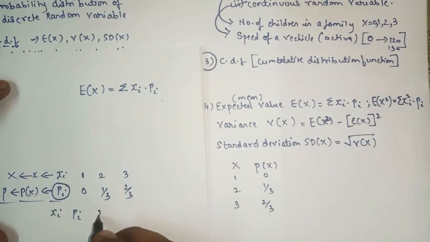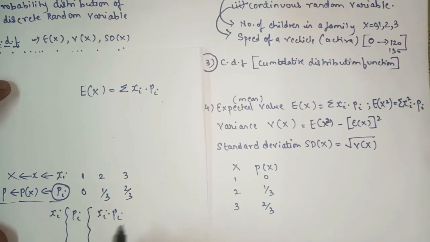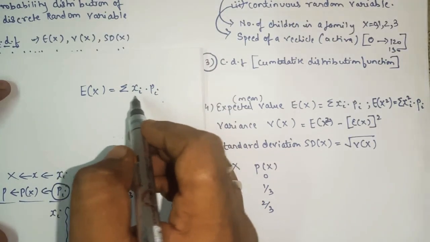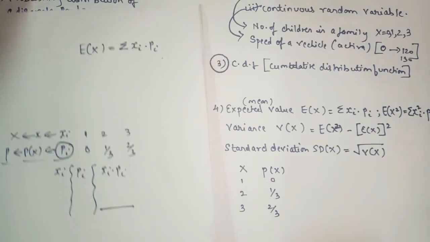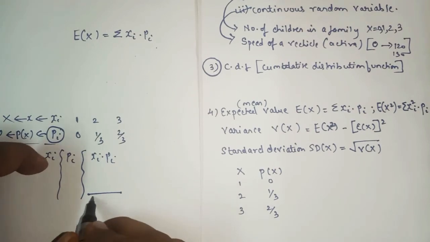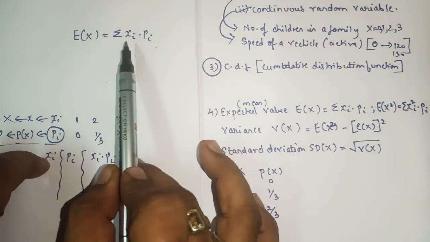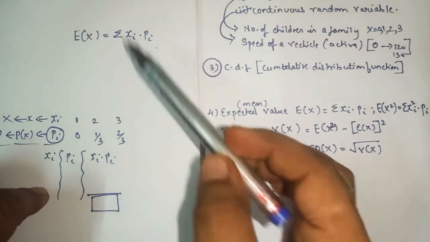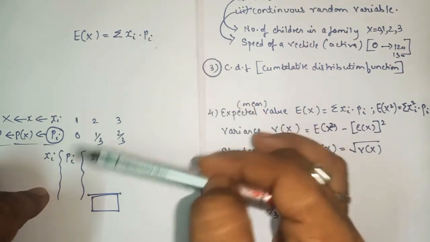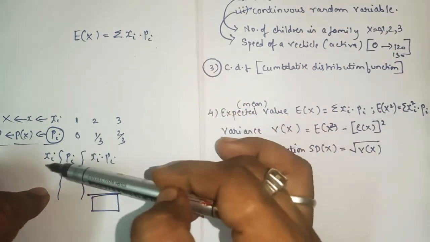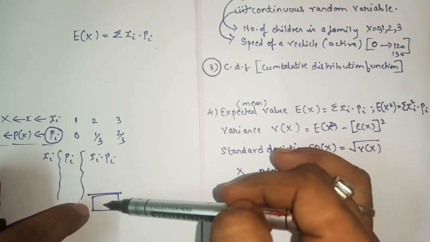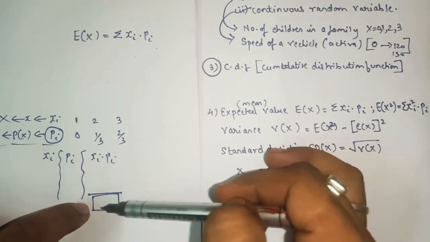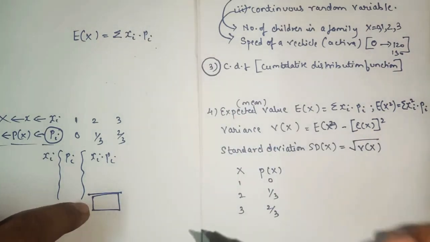Simply you have to multiply these two columns where you will get xi pi. After that you have to find the total of this. So according to the formula, we have to add one column. As we have xi, pi, simply multiply these two columns, and the total of this, the answer which we get here, is known as E of x. Remember this.